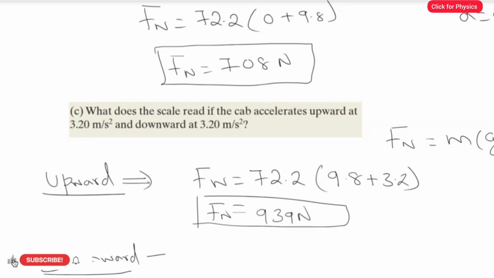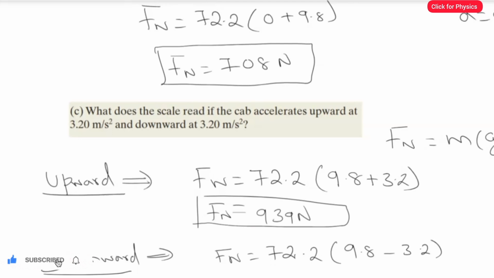And when we come to the downward motion, what do we have to do? In place of the acceleration, we have to substitute the value, because when the elevator is moving in the downward direction, the acceleration of the elevator is negative. So we have to take the value of the acceleration as negative. Therefore Fn is equal to 72.2 multiplied by (9.8 minus 3.2), because this is the downward direction, so the acceleration is negative.